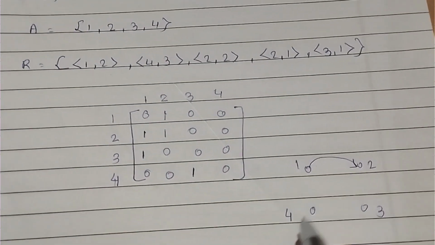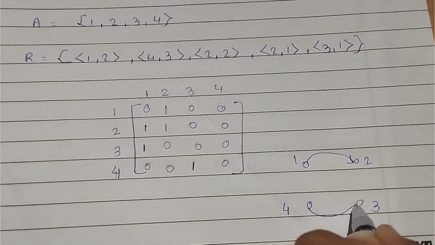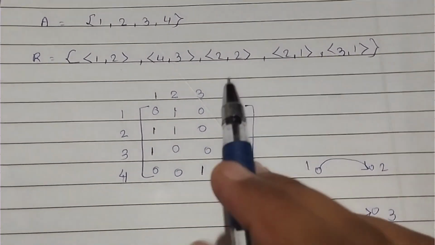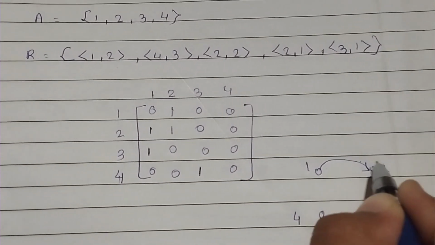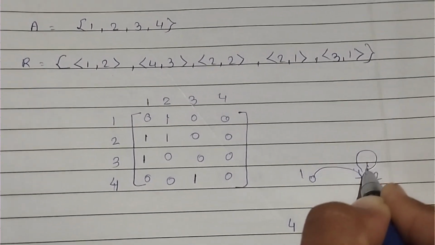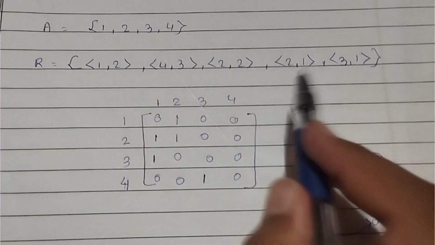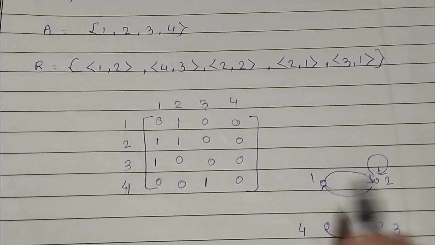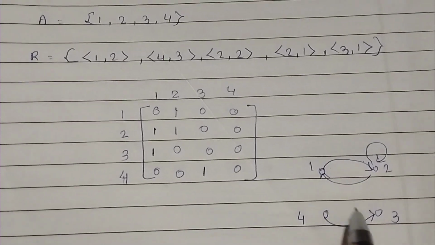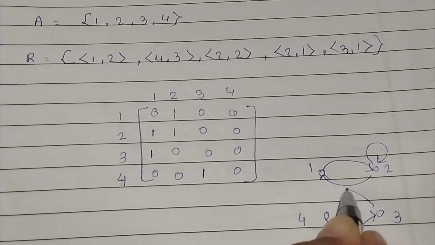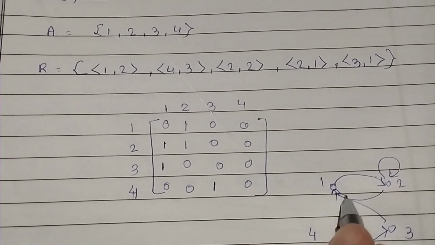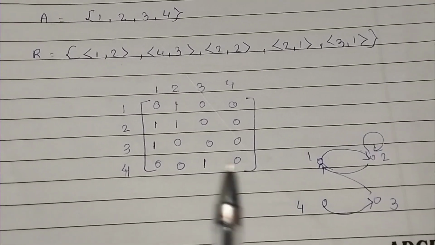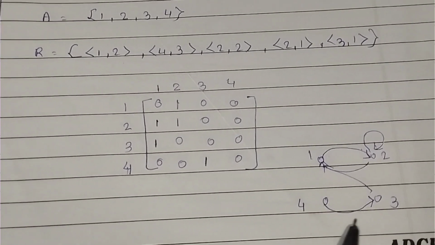Then 3 to 4. Then 2 to 2: to represent 2 to 2, we draw a loop in this way. Then 2 to 1, again go 2 to 1 and draw an arrow, then 3 to 1, so 3 to 1 and draw an arrow. I hope you get an idea of how to draw the matrix and how to draw the graph.